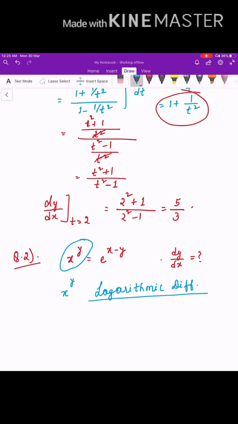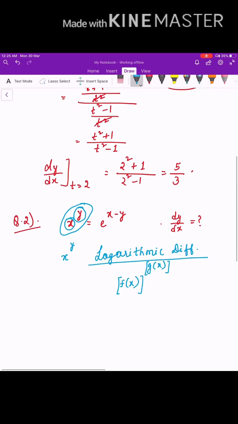Where do we use logarithmic differentiation? When the function is of the form f(x) to the power g(x), right? Here x is one of the functions and y is the other function. So we have to use logarithmic differentiation.